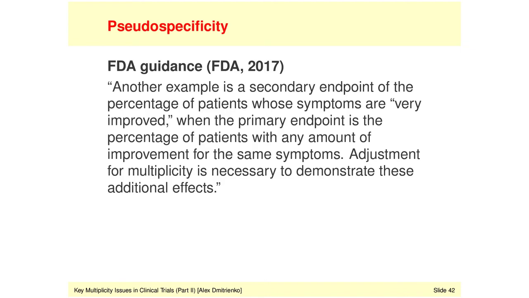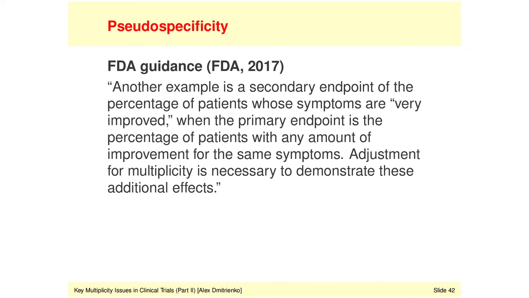I would like to reiterate that the FDA's draft guidance on multiple endpoints does not mention pseudo-specific endpoints, but you can find quotes or statements that allude to situations where a secondary endpoint could be closely related to the primary endpoint. For example, you will find this quote in section 3A.